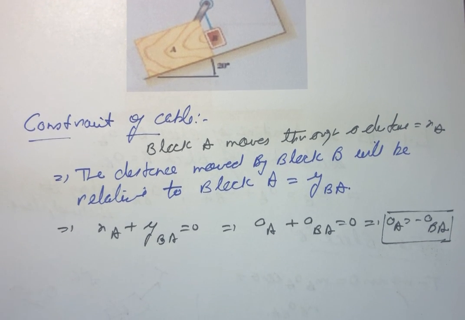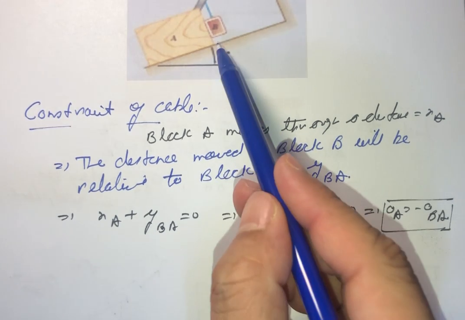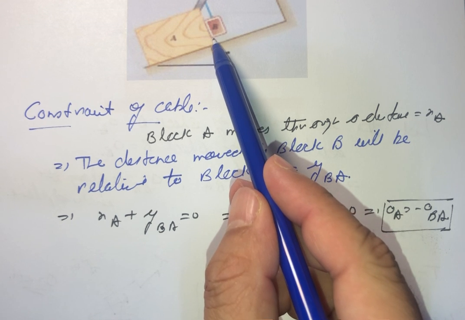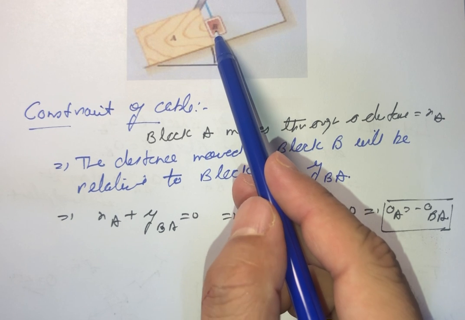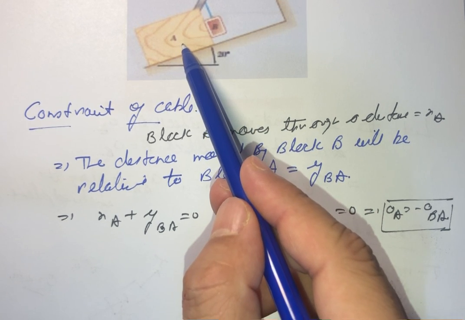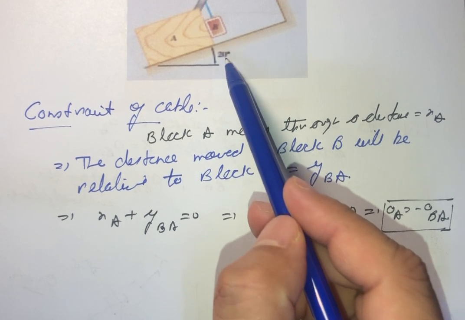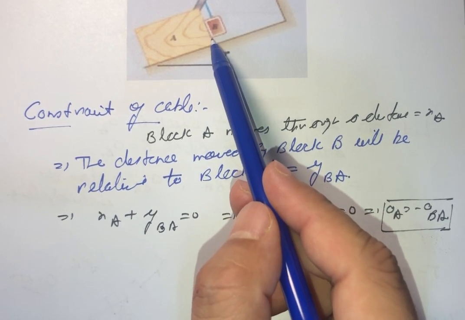This is the constraint relationship of the cable, and we can also say that B will have acceleration along the incline because of block A, and another one because of the free movement with the help of gravity. So there are two accelerations associated with it.